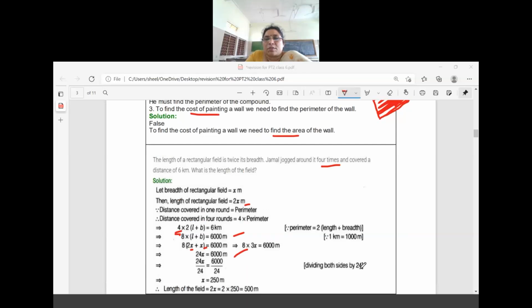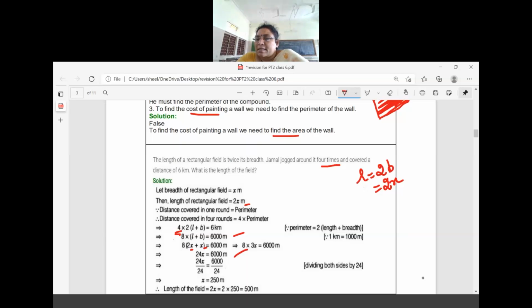Once again, I'll read the question. What is given in the question? The length of the rectangular field is twice its breadth, right? So length and breadth are connected. So L is equal to 2 times the breadth, right?